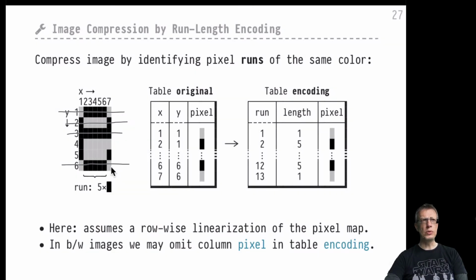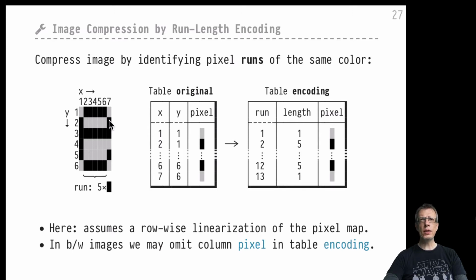If we view this graphic in its linearized form, then we can see that we have streaks of white and black pixels that are adjacent to each other. So white pixel here, but then 5 black pixels, white pixel, black pixel, 5 white pixels, and so on.